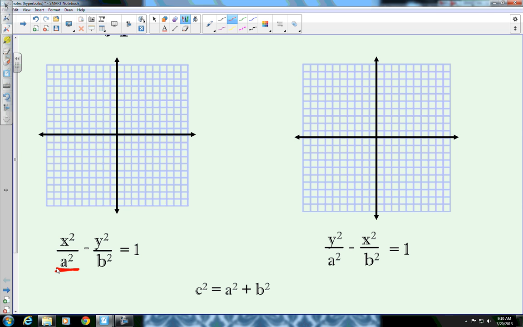We can pick wherever we want to put them. I'm going to put my a's at 4. So my vertices are going to be at a, 0 and negative a, 0. So those are both vertices.